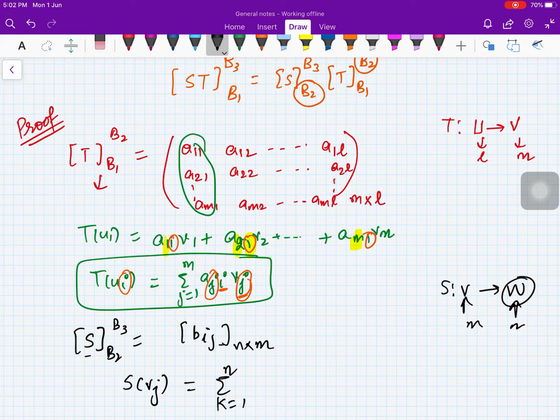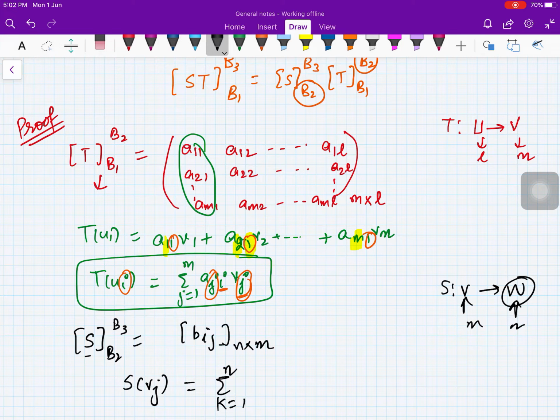what will be the matrix representation of S composed with T. For that we need to know what is ST of UI in terms of W's. That is what you need in terms of W's, right? So you start from here. T of UI is the sum over J from 1 to M of AJI VJ. Now you apply S on it.